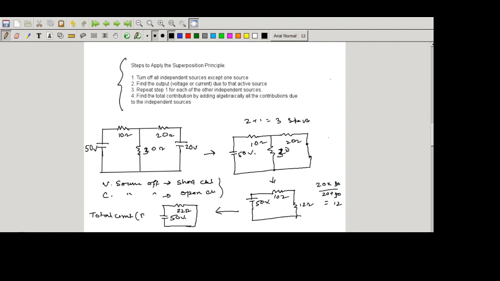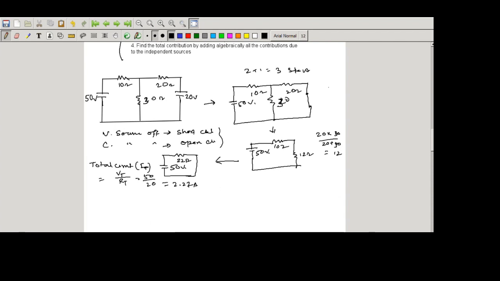The total current, if we call it I capital T, equals the total voltage VT divided by the total resistance in this circuit. So that equals 50 by 22, which means 2.27 amperes. Once we calculate the total current, then we can calculate how much current will flow in this 30 ohm resistance.